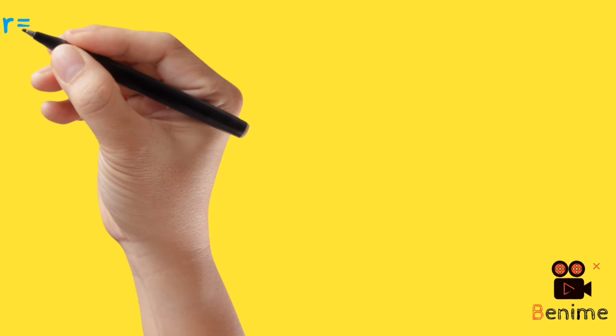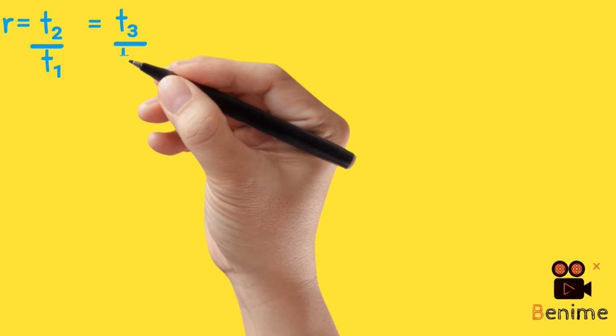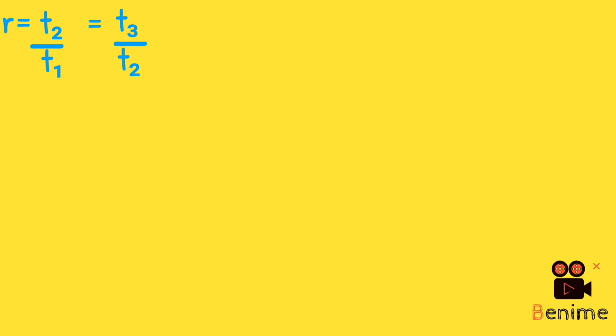You can write it in fractional form. T2 divided by T1, you can write as a fraction, T2 over T1. T3 divided by T2, you can also write as a fraction, T3 over T2.